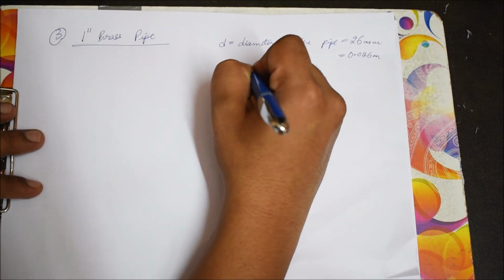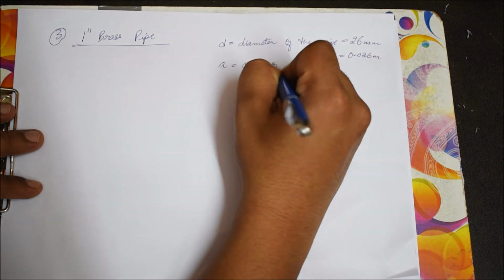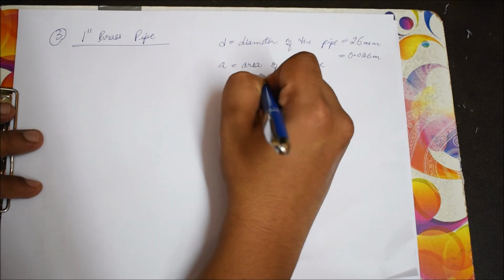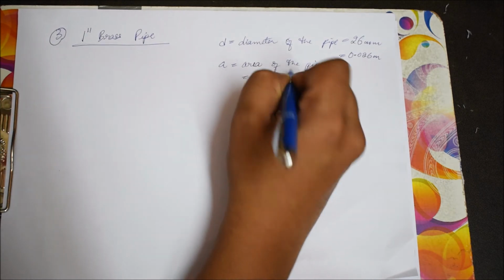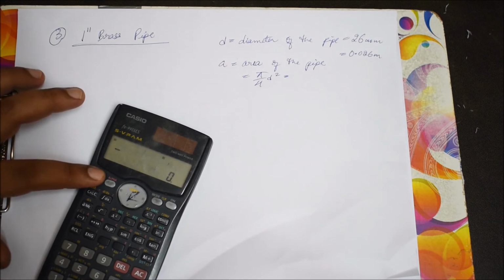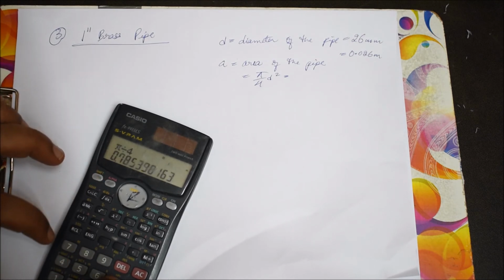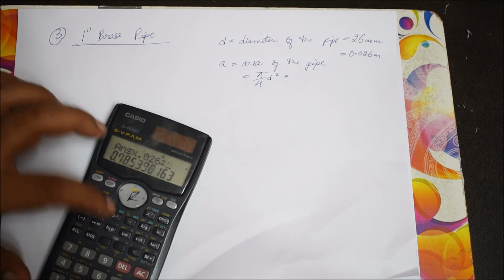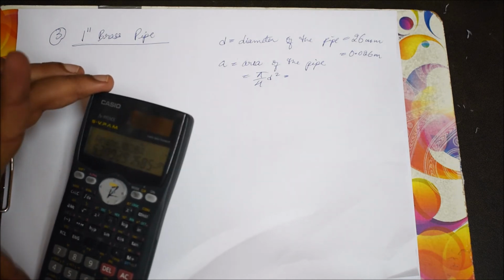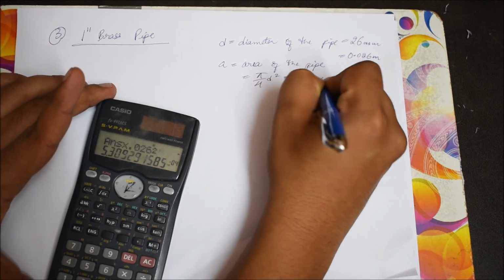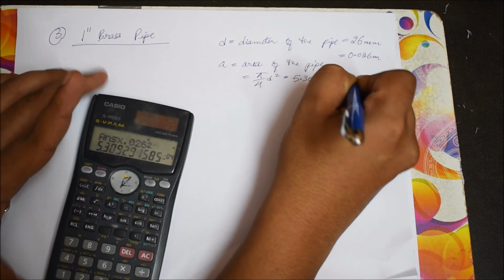So the area of the pipe A is equal to pi by 4 into d square, that is 5.309 into 10 to the power of minus 4 meter square.